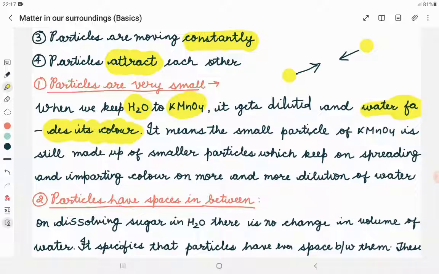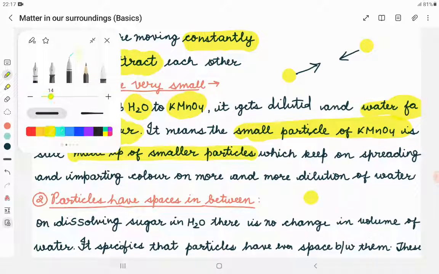Now how does it happen? That was actually the purple color of potassium permanganate, which is now fading itself. It means the small particles of KMnO4 are still made up of smaller particles which keep on spreading and imparting color on more and more dilution of water. So we have the small particle of KMnO4, but this is made up of still smaller particles, and these smaller particles keep on spreading, and because of that we come to know that when we add more and more water, more and more KMnO4 particles can be seen over there.